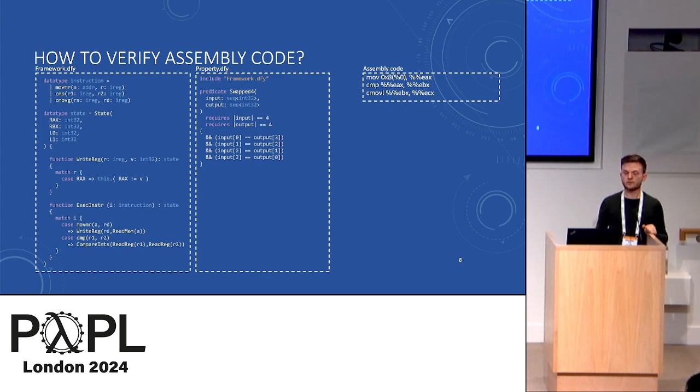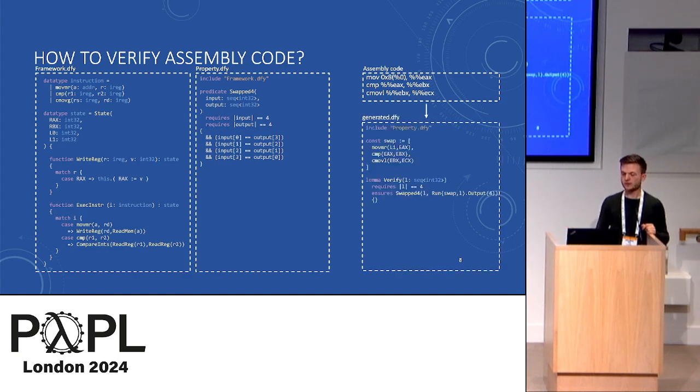Then we task our reinforcement learning agent with generating code for this. And whenever we have a new updated partial program that we now need to test to evaluate whether the task is solved or whether we need to continue with this game, then we translate this generated assembly code to something Dafny can parse. And this can be done automatically.